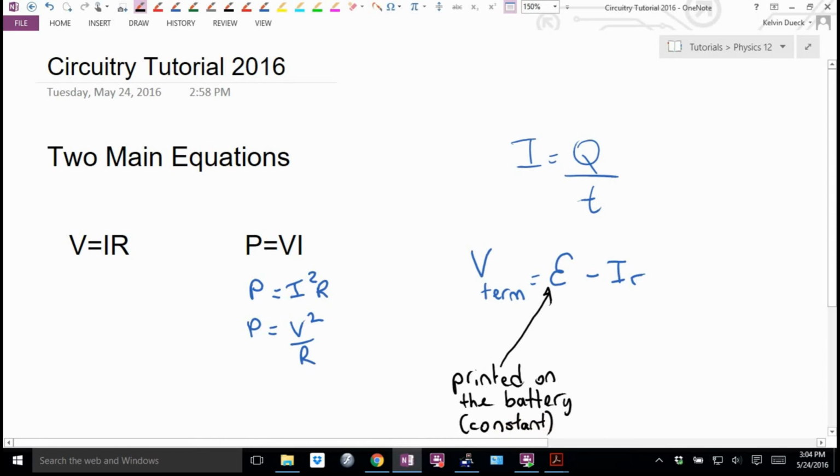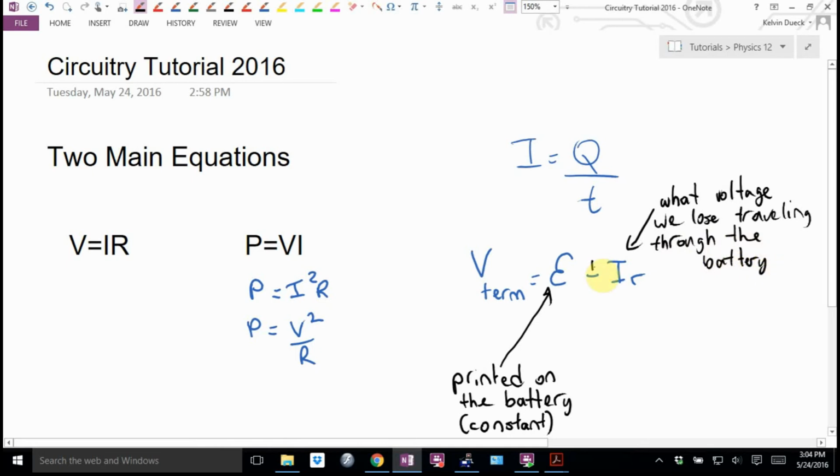It's constant. And this is what voltage we lose traveling through the battery. Now on your formula sheet, it's actually plus or minus.